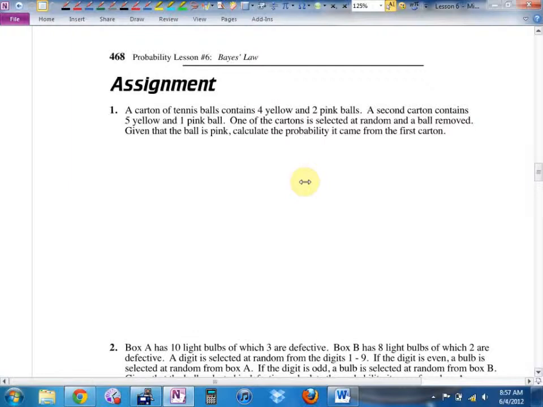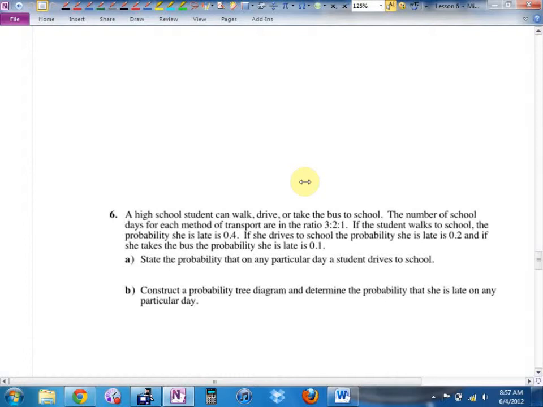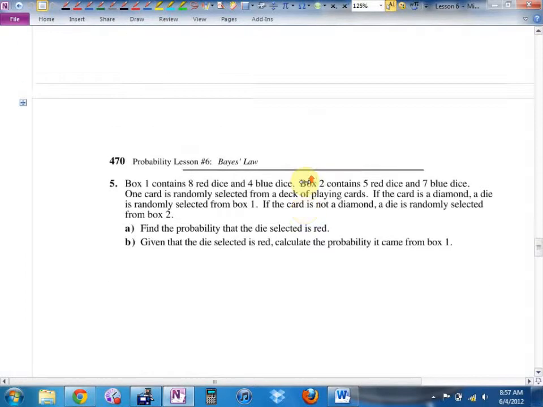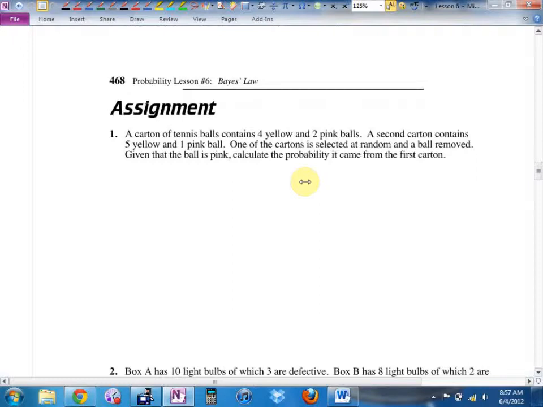I can't remember which ones I assigned here, but I did assign some. Which ones do you want me to go over from here? Realizing that your test is at the end of this week sometime. Okay. Well then, let's move on.